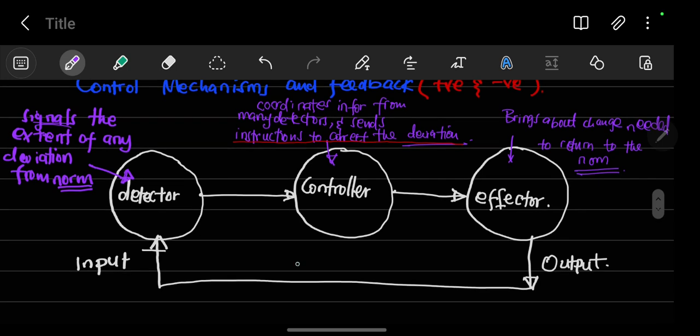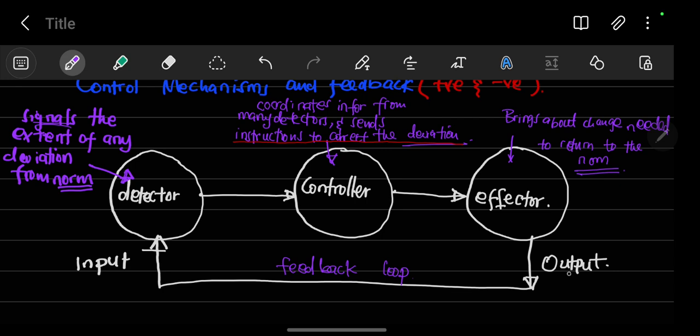Then this one is what we call the feedback loop. So after causing that change, or maybe if the sugar levels were high within this region, the detector is going to detect that increase in sugar levels, send it to the controller, then the controller tells the effectors to bring down the sugar levels to the set point.